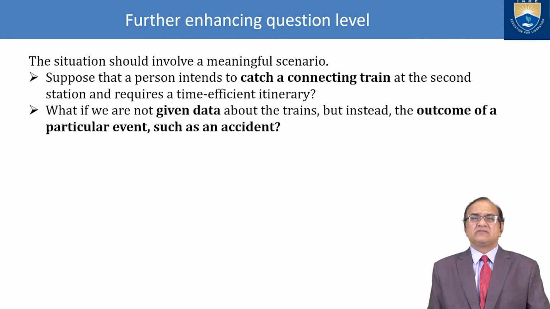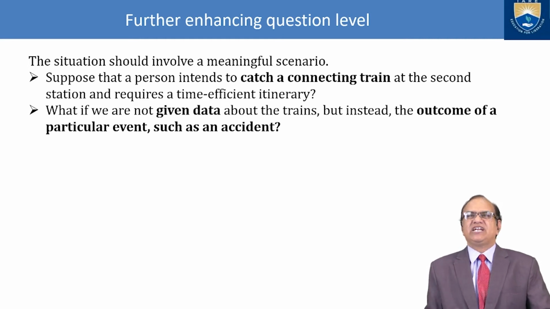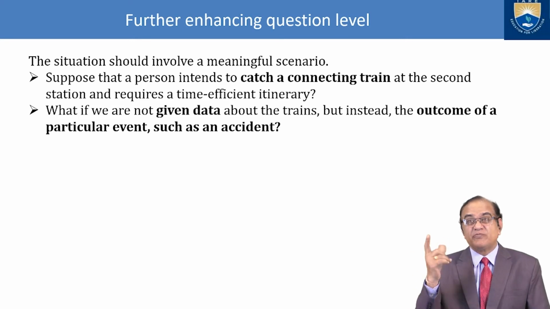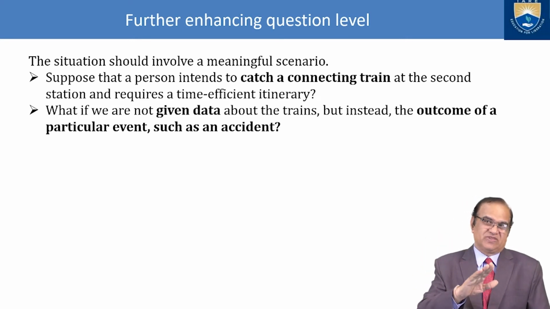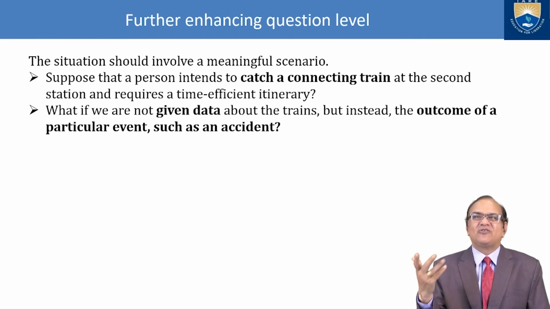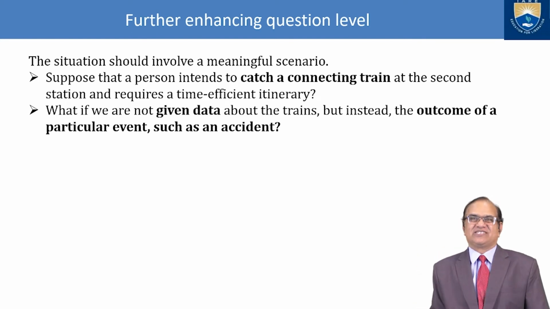So, suppose that a person intends to catch a connecting train at the second station and requires a time-efficient itinerary. Suppose that after 50 miles there is a station and one person wants to board. What does he have to do? Like this, we have to generate some new things.